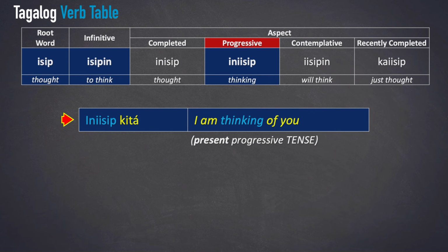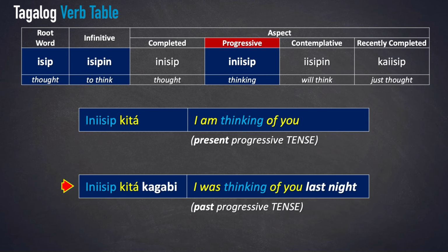But the same Tagalog verb conjugated the same way can be used this way. Iniisip kita kagabi. I was thinking of you last night. The English version is in the past progressive tense.